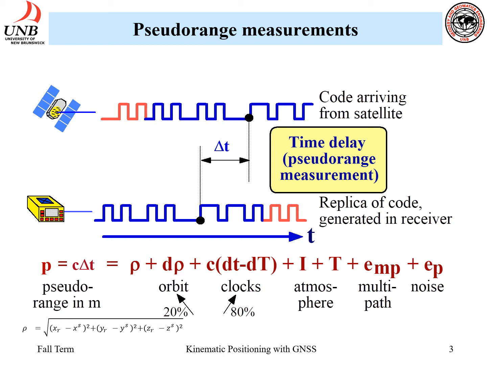The terms dt lowercase and dt uppercase represent the receiver and satellite clock offsets respectively. I represents the ionospheric delay, T represents the tropospheric delay, E sub MP represents multipath, and E sub P represents noise.